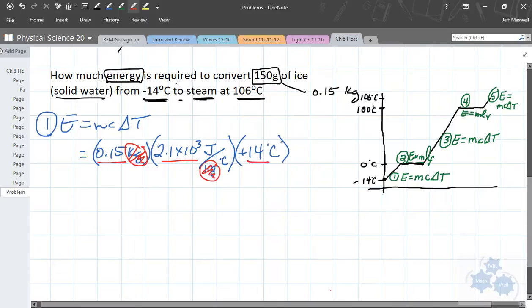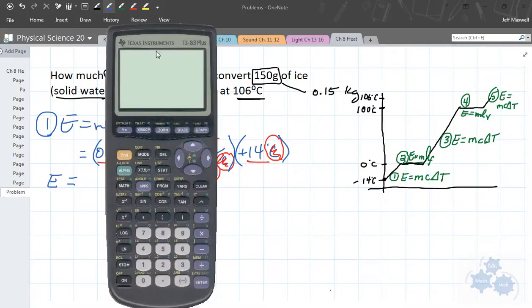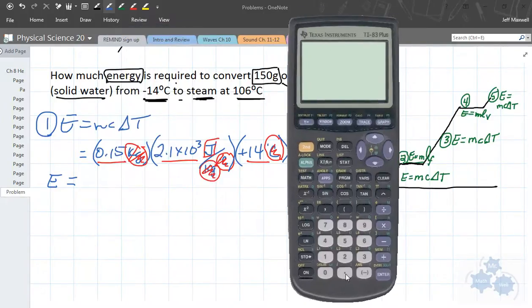We've got a Celsius on top, Celsius on the bottom. Those are gone. We're left with joules. Is that the unit we want for energy? Yes. E equals. What's the product there? All those 3 numbers. Get your calculator. That'd be a good idea. I'll get mine too.